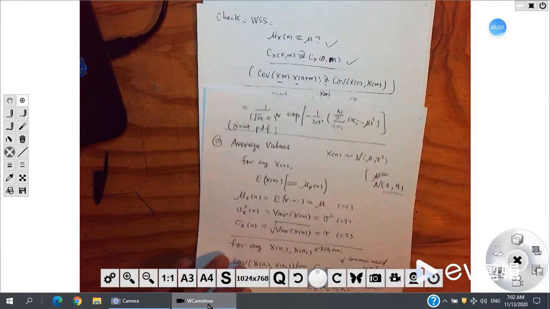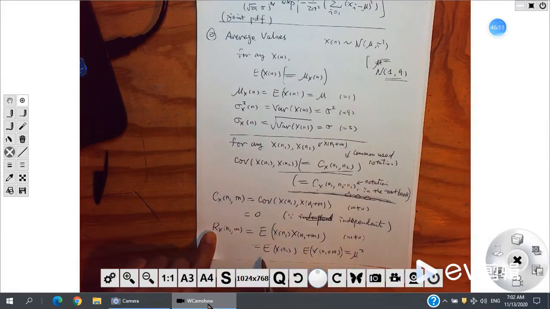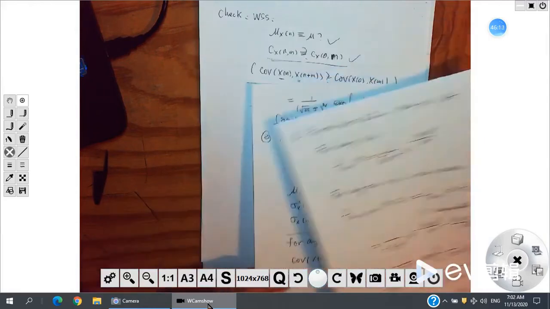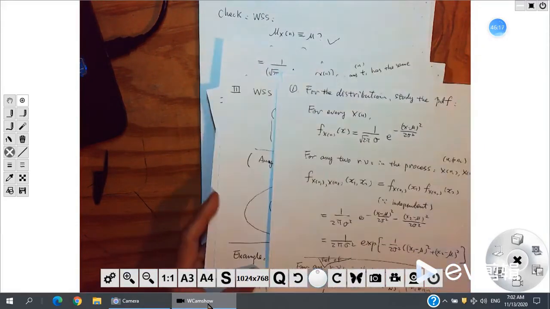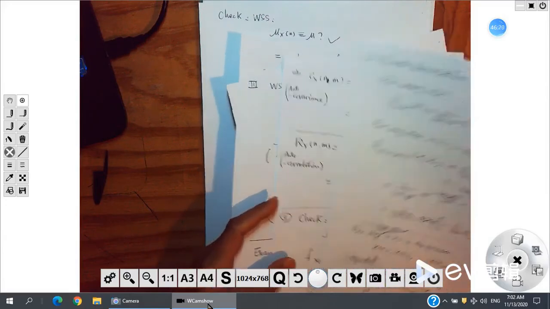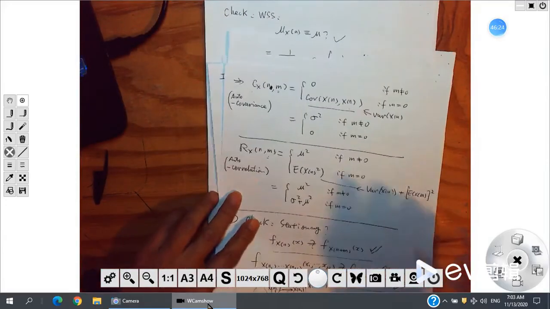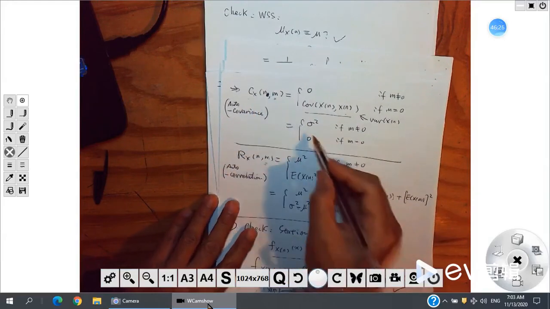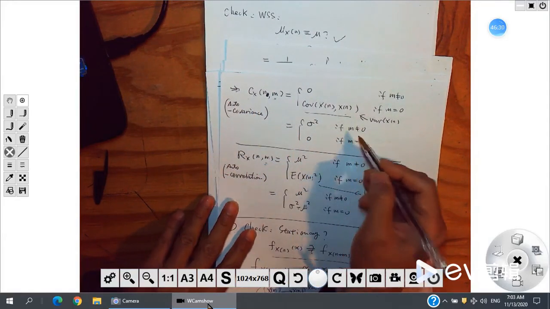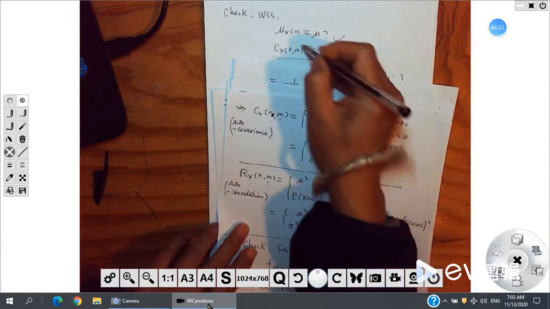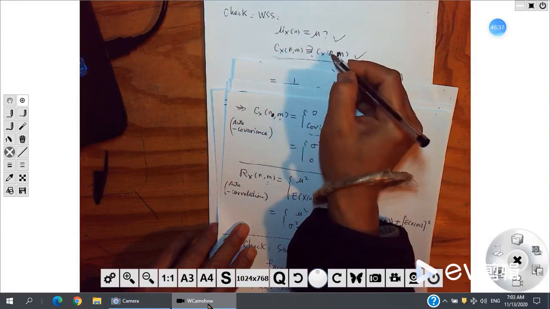And here we do the calculation. We know the covariance result is down here. We have this one: Cx of m equals sigma square or 0, depending on the value of m. So you see, this one and this one, they are the same no matter what n is. n is 0 or anything, it doesn't matter, right?